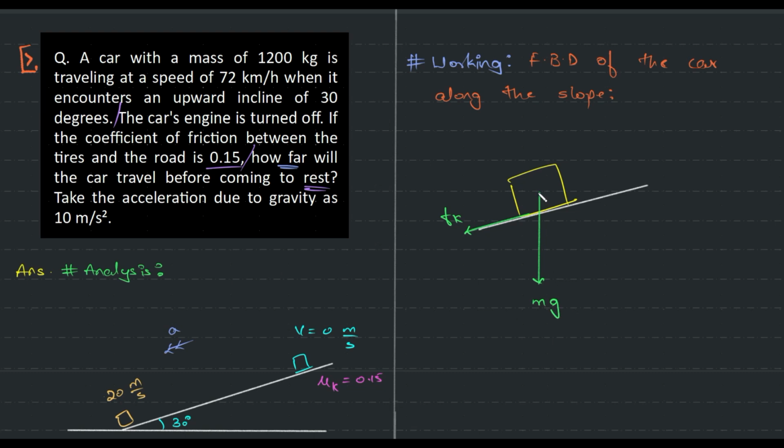So mg will contribute to trying to stop it. And this also is an important factor. So this is 30°, and so we'll have mg into root 3 by 2, and this will be mg by 2.